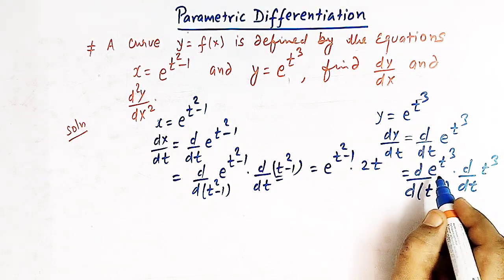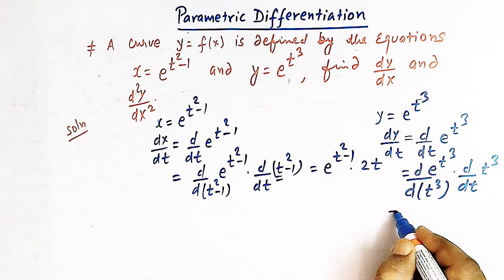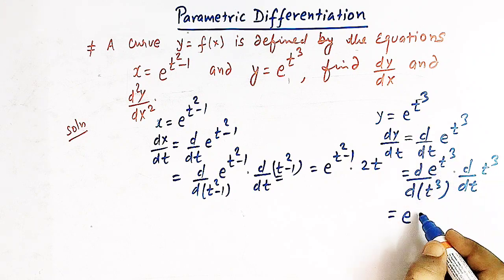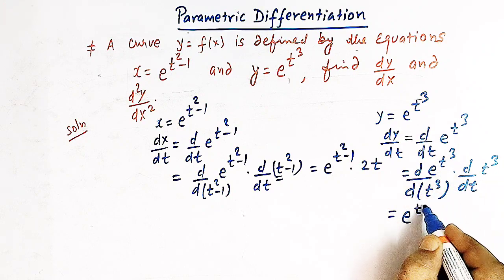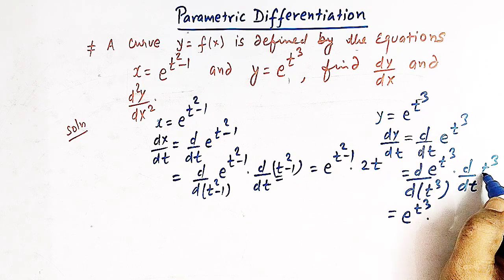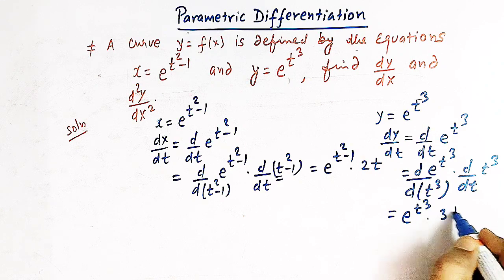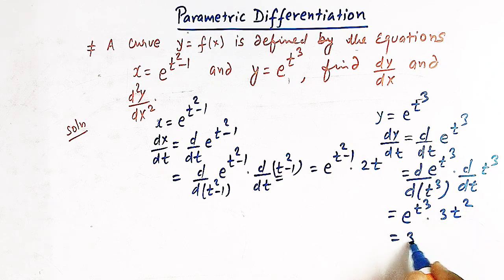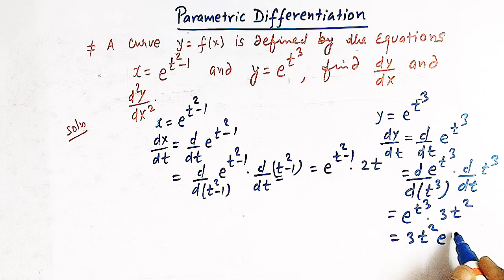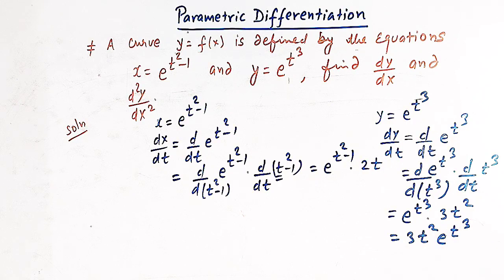So now the derivative of the exponential function is the function itself, that is e raised to t cube, and then the derivative of t cube with respect to t is 3t square. So we have 3t square e raised to t cube, right?